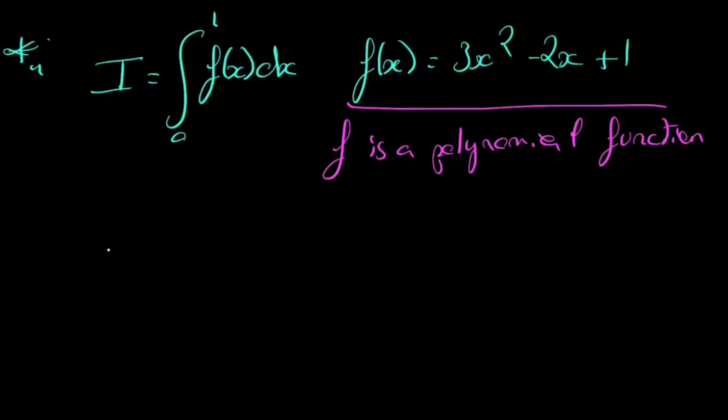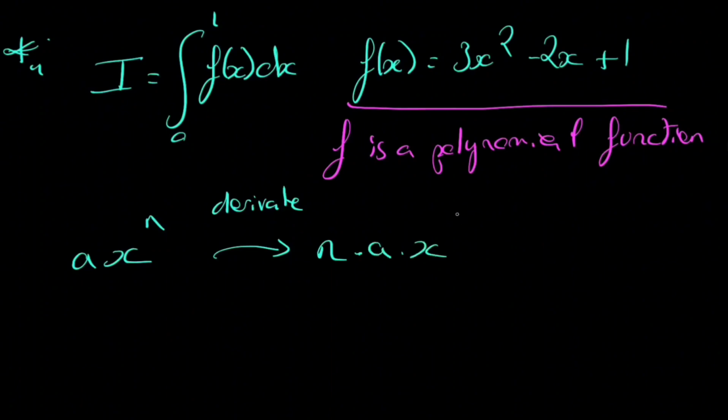So let's remember a little bit about the derivatives. If I've got a function a times x to the n power, if I derive it, it is equal to n times a times x to the n minus 1.